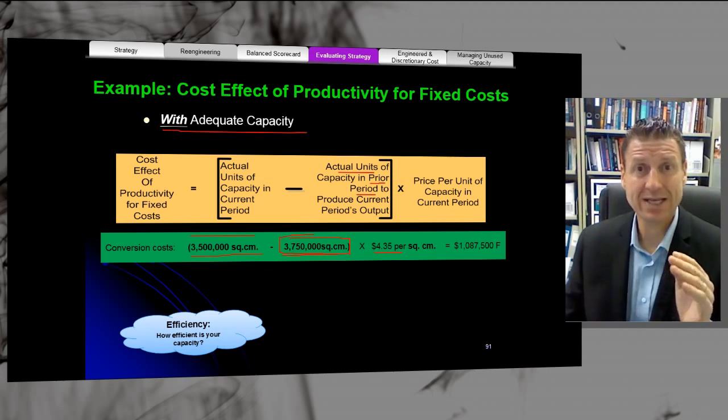Again, for fixed costs, our productivity has gone up, because we are using less in 2013 compared to what we should have used based on our productivity in 2012, which is this 3.75 million square centimeters, and that gives us a favorable variance of $1.087 million. Favorable. So how efficient is productivity? Very favorable. Thank you very much.